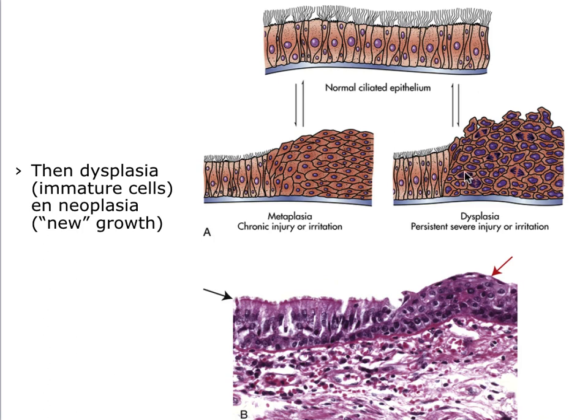These epithelial cells become more immature because they have to divide so often, and there's so much damage to the DNA because of the smoking that they become different, and that can then develop into a neoplasia, which means new growth, when the DNA is changed in such a way that these cells become cancer cells and start growing uncontrollably.